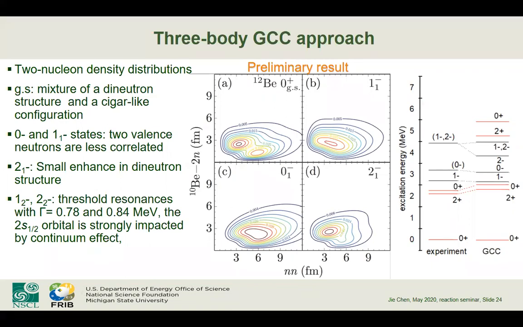Possibly because they have a very dominant configuration which involves the s1/2 orbital. So this component won't encounter any centrifugal barrier, so it's strongly impacted by the coupling to continuum effect.